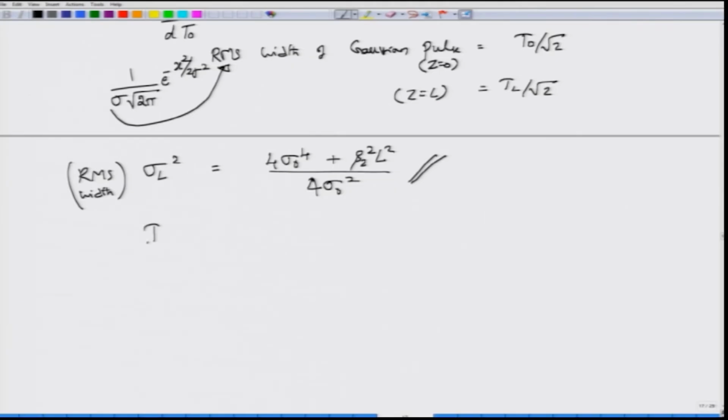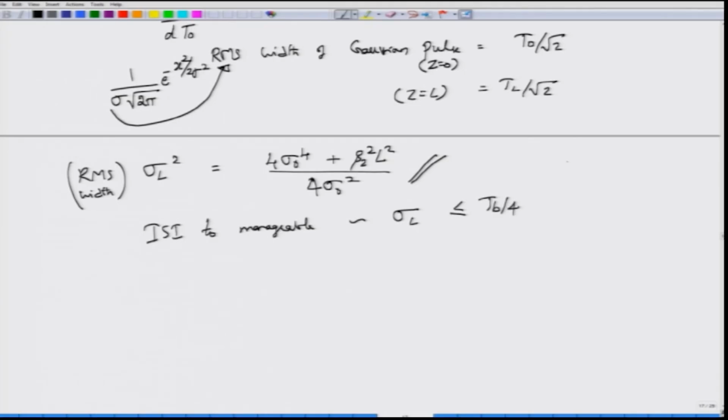For ISI to be manageable, of course it is not that ISI should be equal to 0, but since you cannot hope to get 0, to manage the ISI the necessary requirement that is commonly used is that the pulse spreading after propagating a certain distance L has to be less than the bit period by 4.